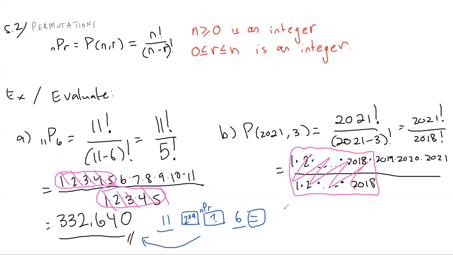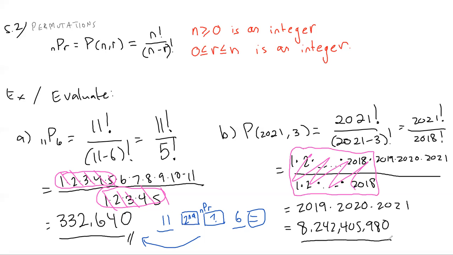And we're actually just left with the product of those last three remaining things. And you work that out, 2019 times 2020 times 2021. It's 8 billion and something, so it's quite large. Yeah, so that's our number there.